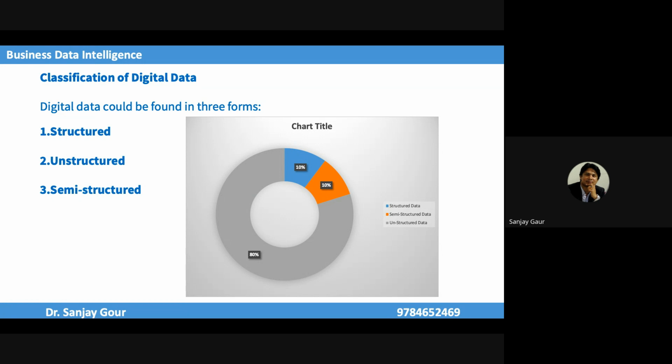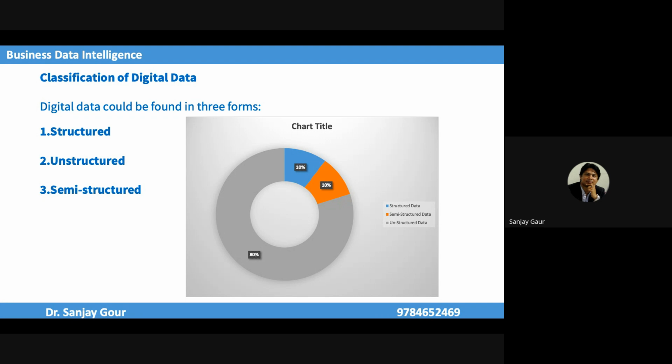Signaling data, images, processed data, mobile data, laptop data, all fall in the category of digital data. But as per our convenience, from the analytics point of view, from the data science point of view, we may classify these data into three major categories. The first is structured, the second is unstructured, and the third is semi-structured.